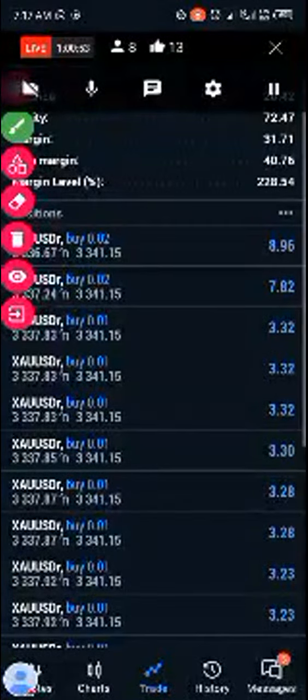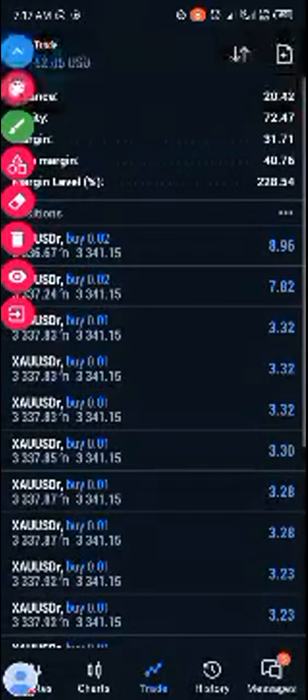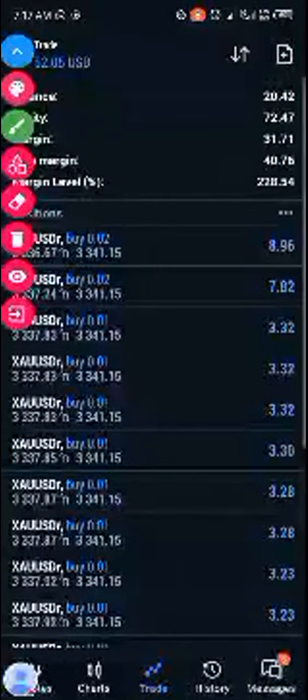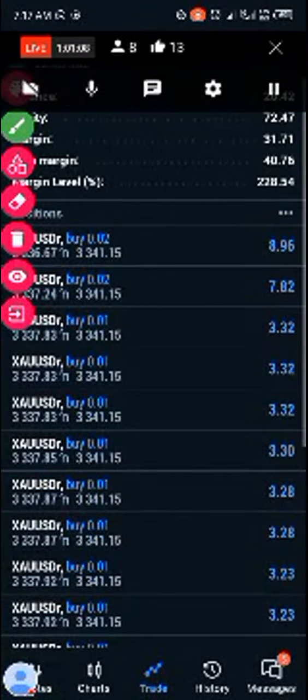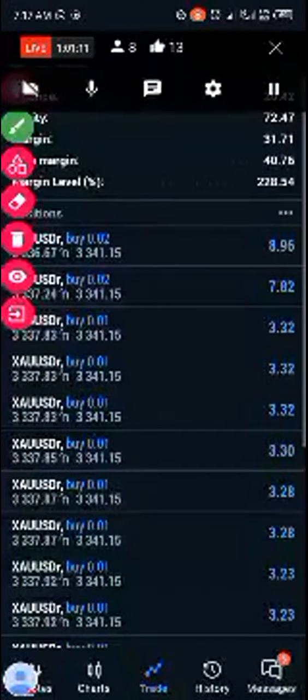But if you see a structure break, probably you now see a clear change of character. That means it has now broken the previous high. If it was breaking the lower structure for a sell, now it has broken the higher structure for a buy. That is where you want to take your buy trade entry. Okay? So it is simple. The strategy I just taught you guys is a simple one.